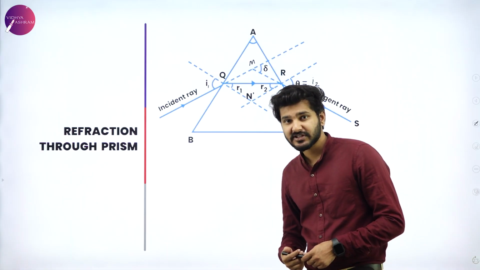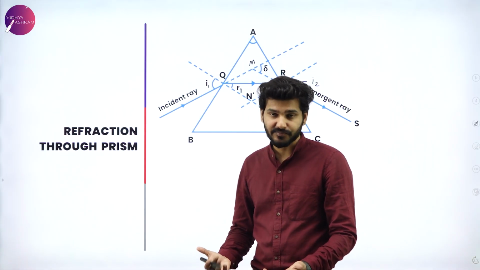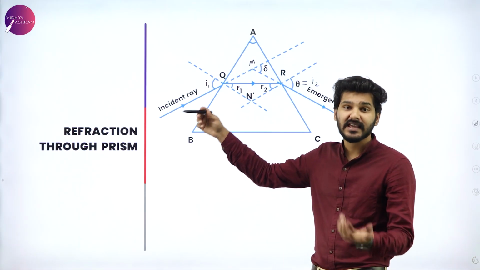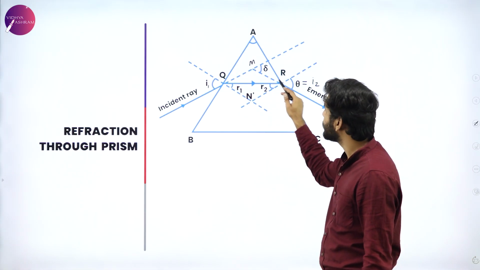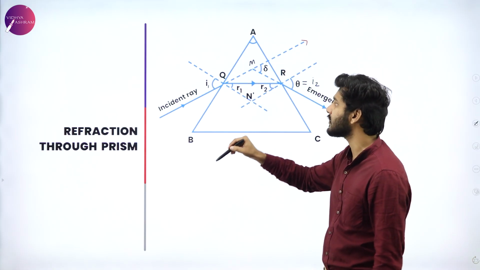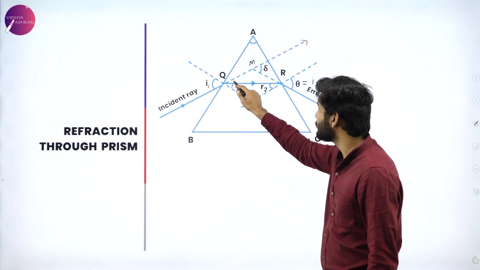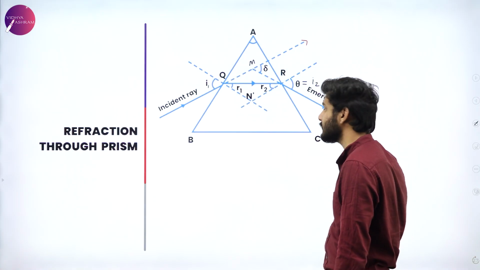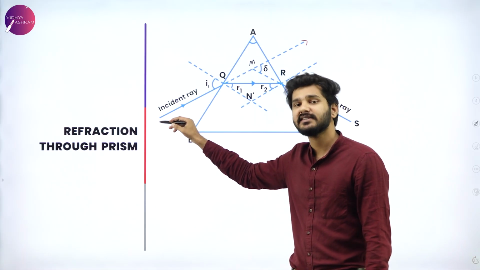First things first, we draw a diagram. What happens when light enters into a prism? When light, that is the incident ray, enters into the prism, it undergoes a bending process. This is the path that light should have taken, but since refraction exists, it is now being bent and it is coming out of the prism. This is the emergent ray and this is the incident ray.